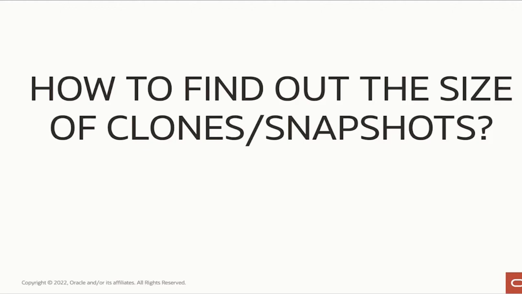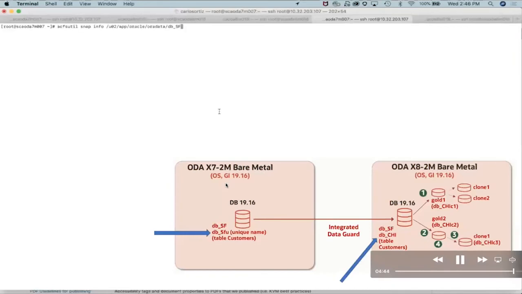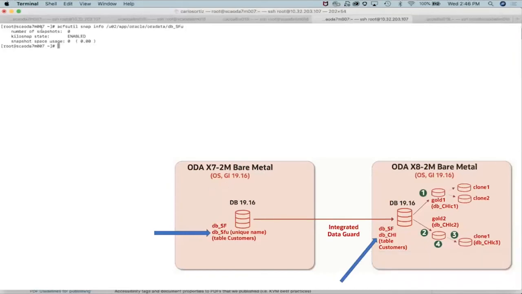It'll just tell you that it's consuming the same space as the primary database when you create it. So what we're going to show you here is just using the ACFS utility for the moment. It's something that we're going to be integrating into our Oracle database tooling.